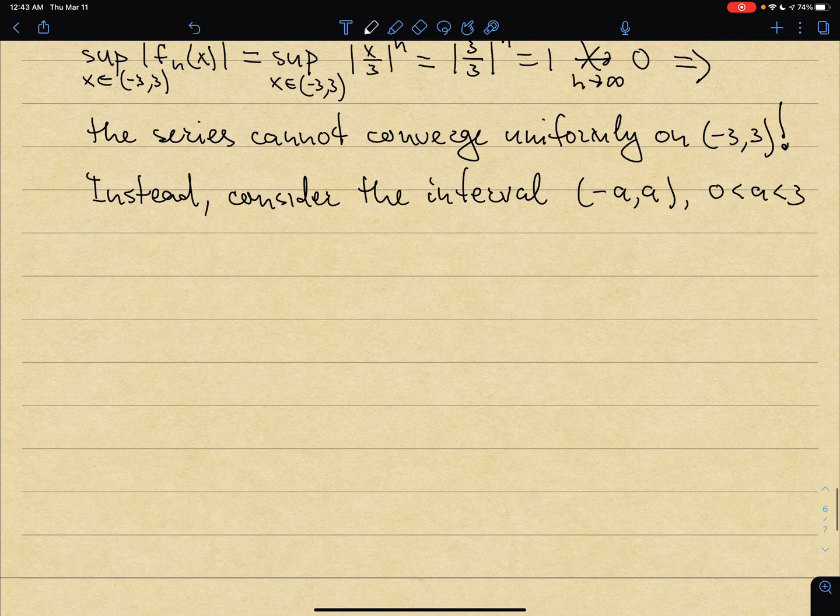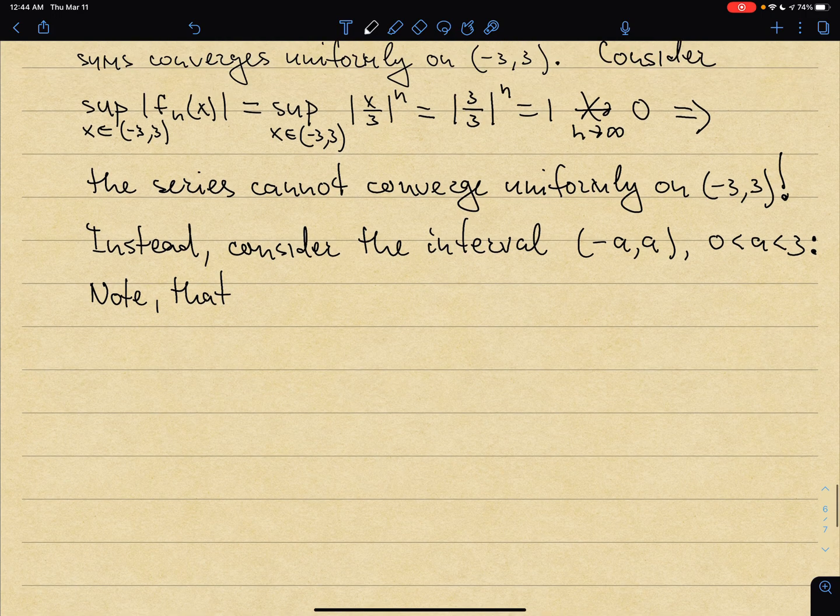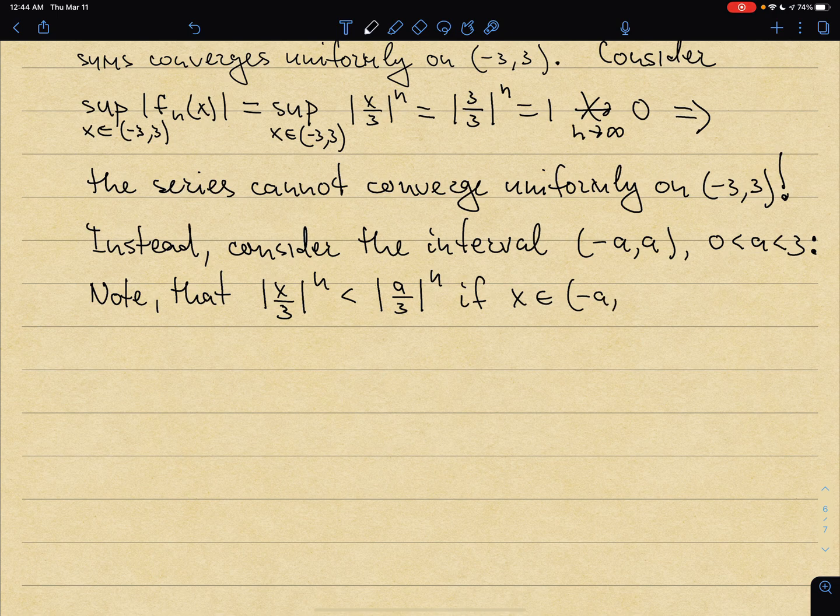So note that |x over 3| to the power n is less than or equal to (a over 3) to the power n if x is between minus a and a, right? Number one.